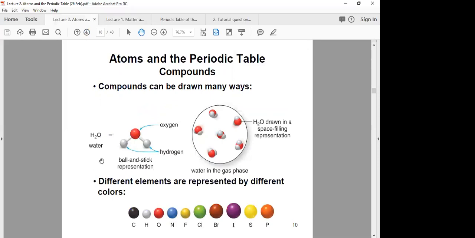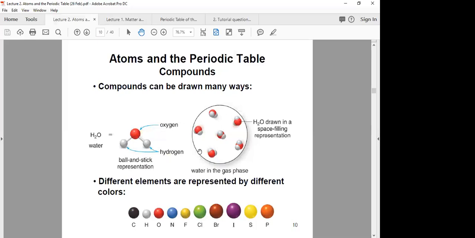Oh, apart from this slide. All right, so we've seen the chemical formula for water, but we can also draw this particular compound in different ways. Here we have what's called the ball and stick representation. 1 oxygen in red and 2 hydrogen atoms in white. And this is useful because it gives you that visual of how those atoms are connected to each other.